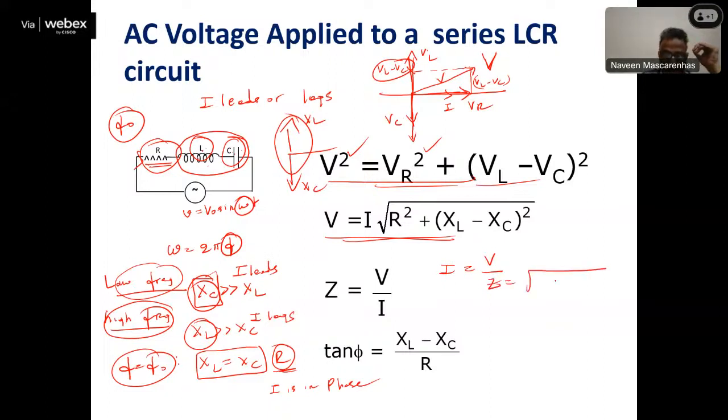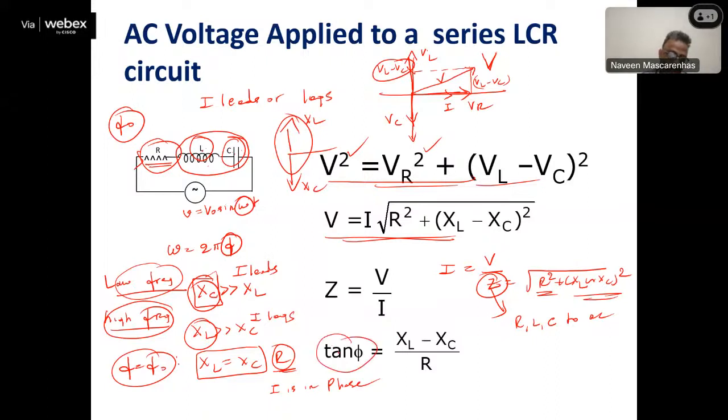Where Z is equal to root of R square plus XL minus XC the whole square, called the impedance. Impedance has both a resistive part as well as a reactive part, which means it is the total opposition offered by R, L, and C to AC. Total opposition offered by the resistor, capacitor, and coil to AC.